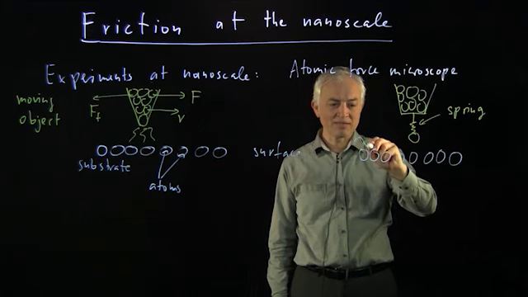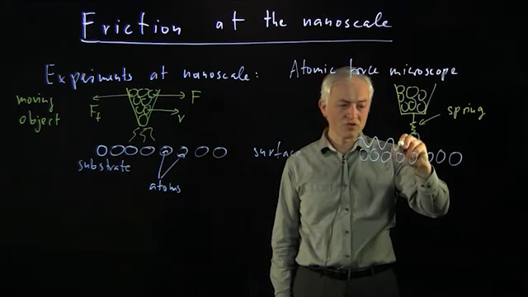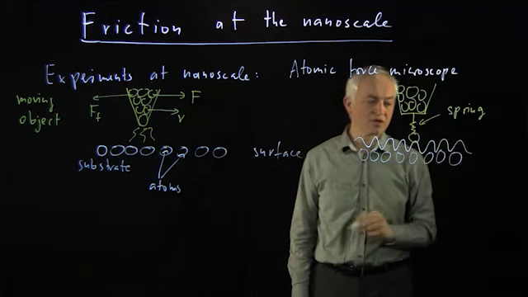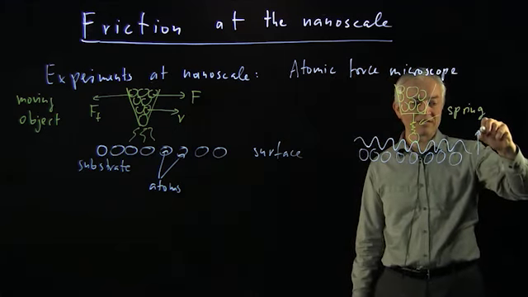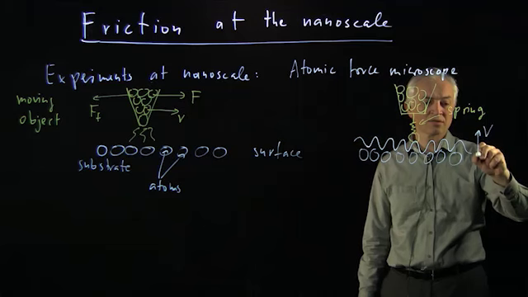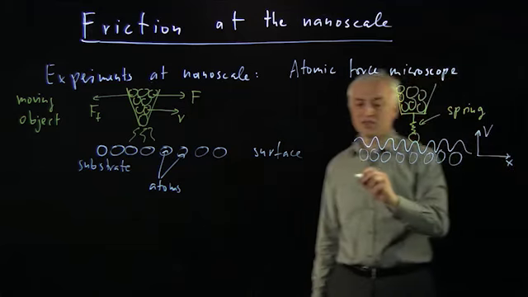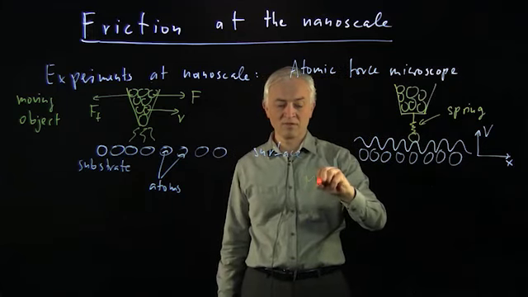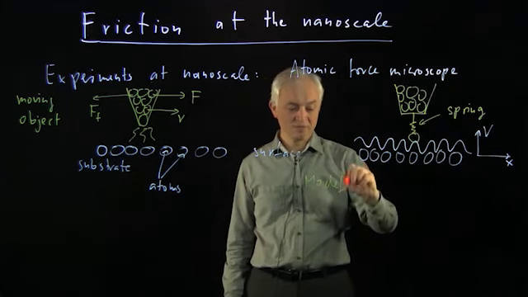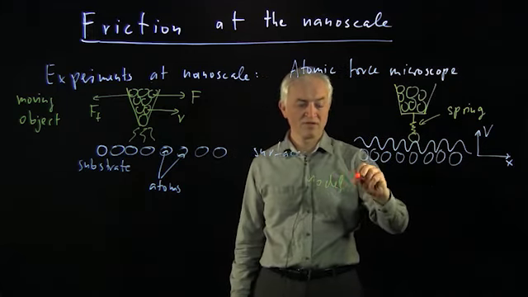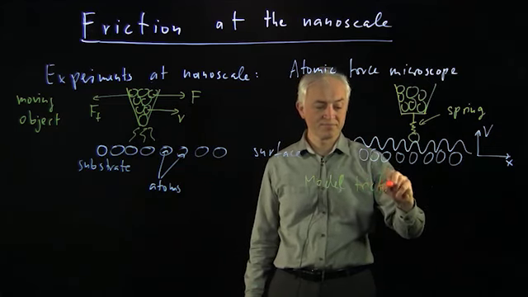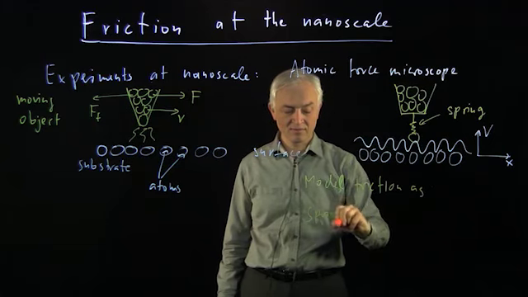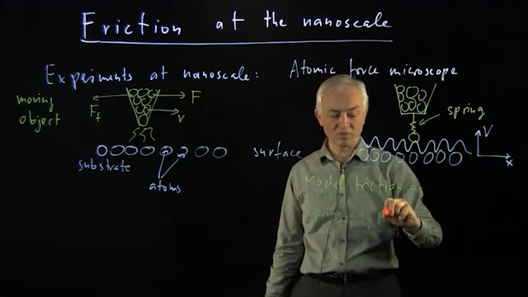So maybe it makes sense to assume that the associated potential is also periodic at the atomic scale. So this is the potential as a function of position. So basically we model friction as spring plus periodic potential.